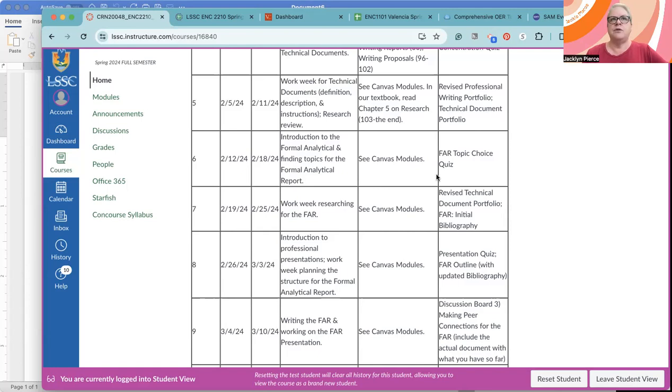So when it comes to technical writing, in the last assignment, one of the things I had you do was consider your audience. And so if I am in accounting and I am analyzing a particular software that's available for accountants, my audience might be fellow accountants.